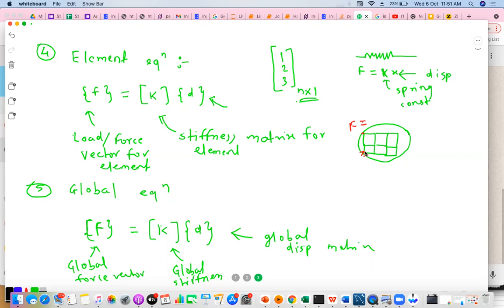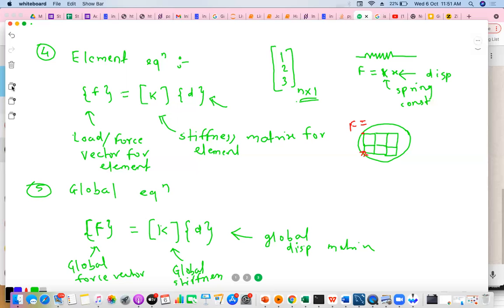If it is fixed, then the displacement here will be 0. If I have a displacement value, I will put it instead of this displacement, and if I have the force value, I will put it in this matrix. All these boundary conditions I will put in the next step.